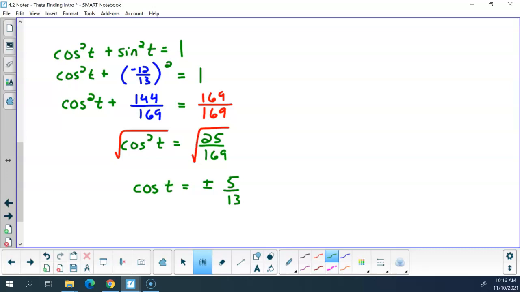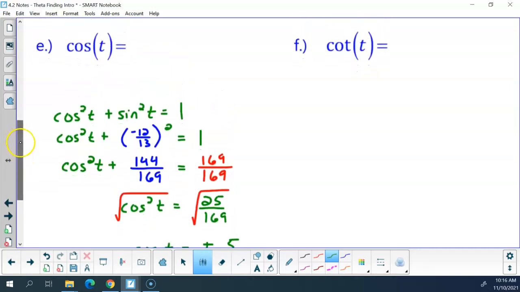Second reason is because we said back in letter A that we were in quadrants 3 and 4. Which means if we're in quadrant 3, cosine is negative. If we're in quadrant 4, cosine is positive. So we have to have both of them there because we are in 2 different quadrants. So the cosine here then would be plus or minus 5/13.